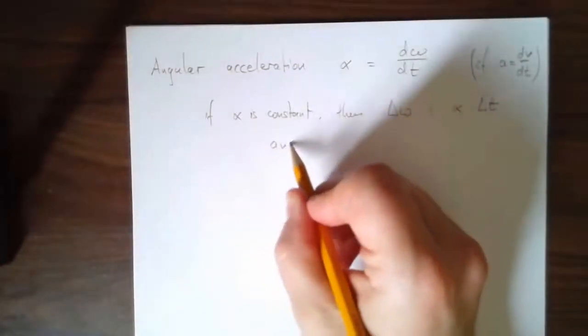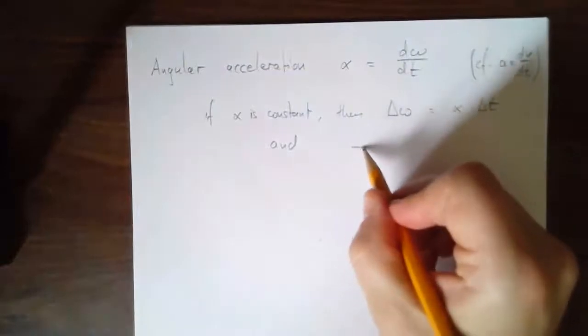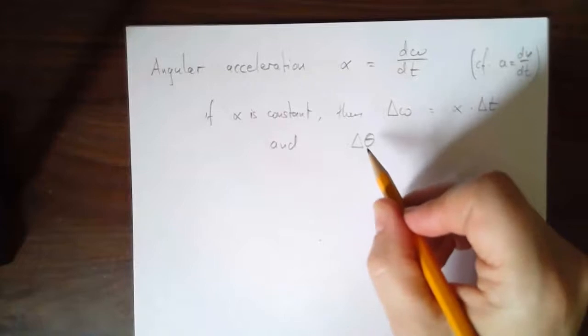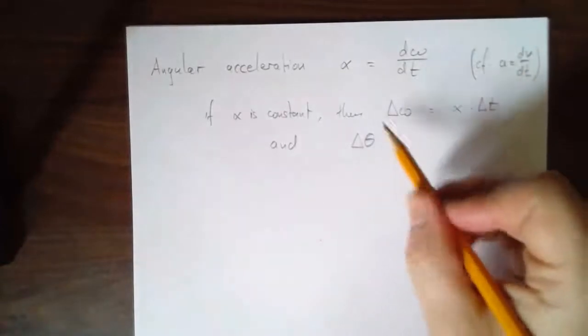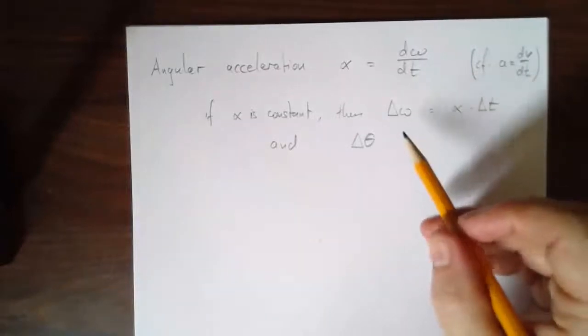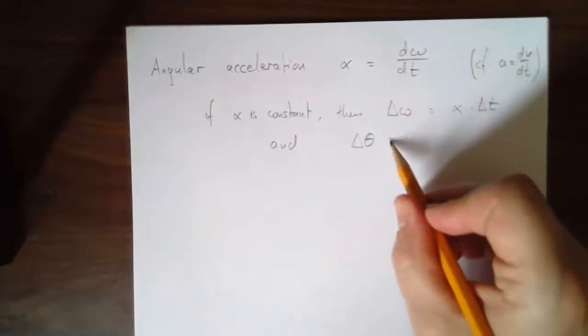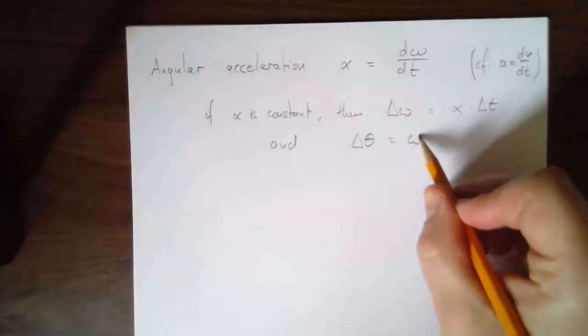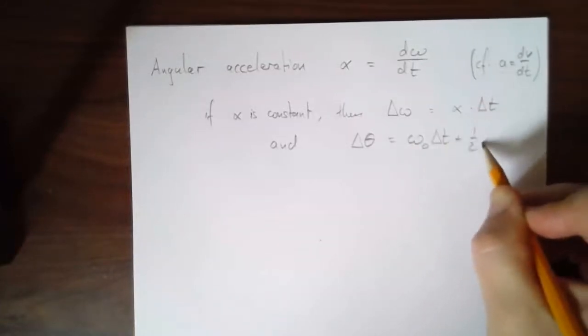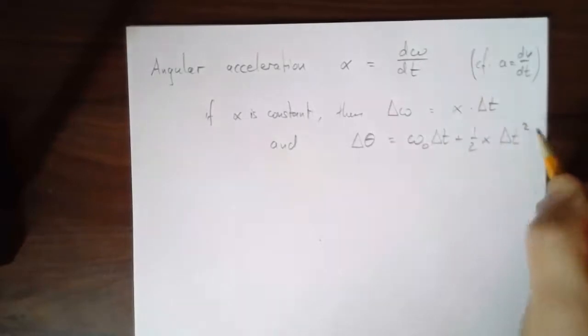I'm just going to write this down and let you think about it. We want to find a change in angle while my system is speeding up in its rotation. That would be given by your initial angular velocity times the time plus 1/2 alpha delta t squared.